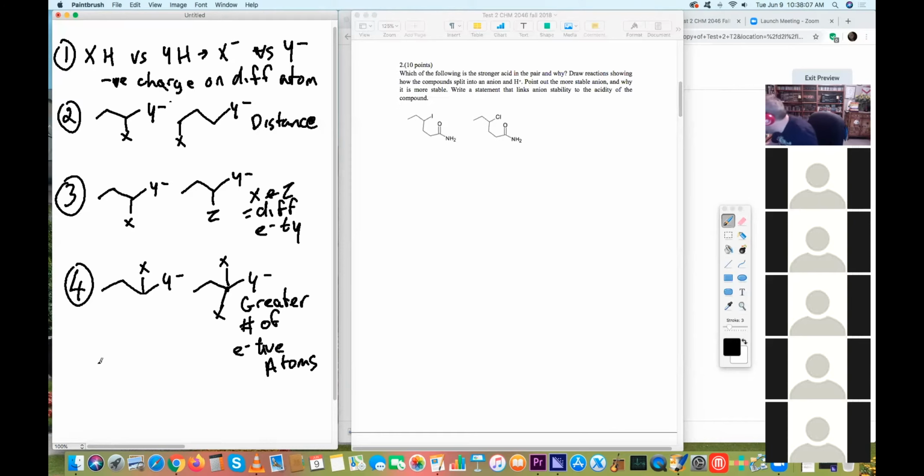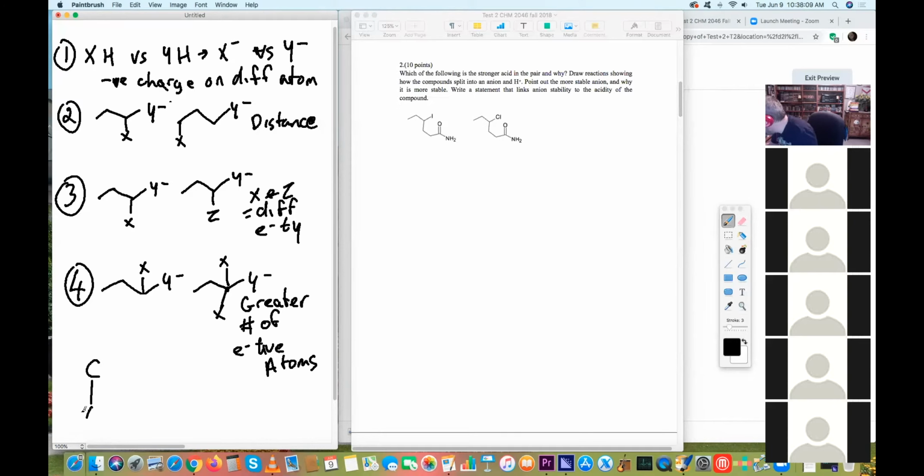So if you've got this C-X bond here, and I draw it out, the X is more electronegative than the C, which means that if you were to draw a bond between them, which would consist of 2 electrons, the electrons would be closer to the X than they are to the C, which allows us to put these partial charges on, which will enable us to figure out the difference in stability between these.